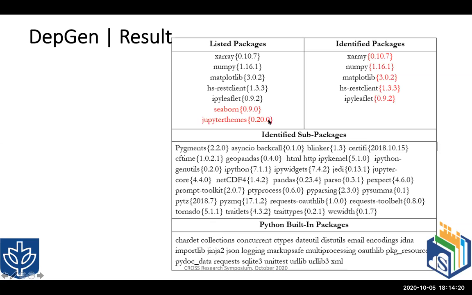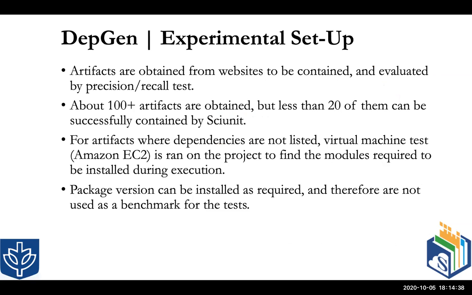So here are the packages that were listed in that GitHub repository that I mentioned, and we only identified these packages over here. In fact, Seaborn and Jupyter themes were internal packages to the identified packages, so nobody had to explicitly install Seaborn or the Jupyter themes.